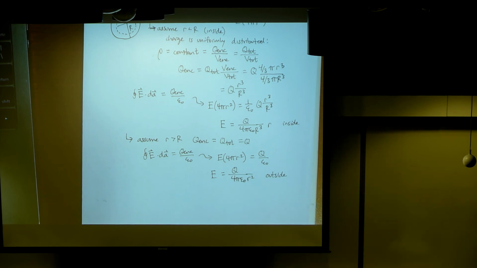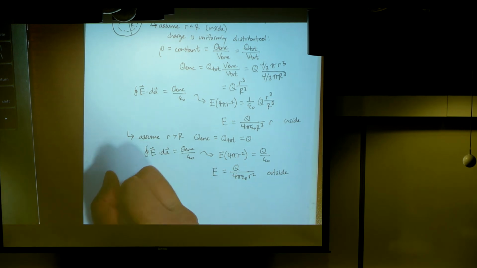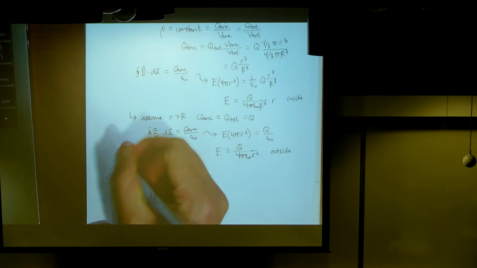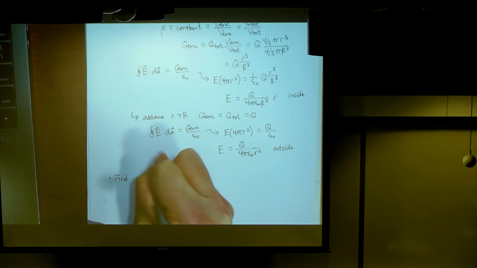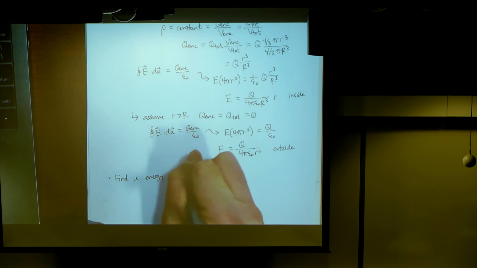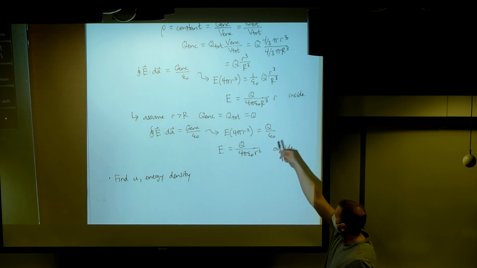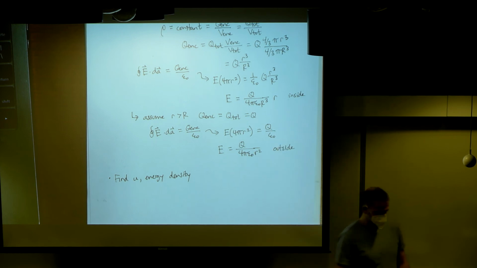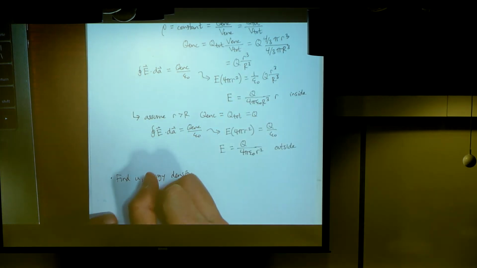Okay, the next step, if you remember, is to calculate the energy density. So find U, which is the energy density. And we're going to have two different expressions for this, right? One of them is going to apply to the inside, the other is going to apply to the outside. So let's start with the inside expression.